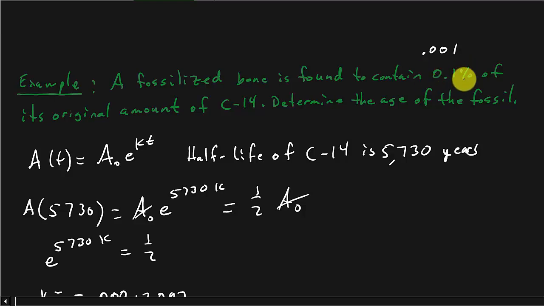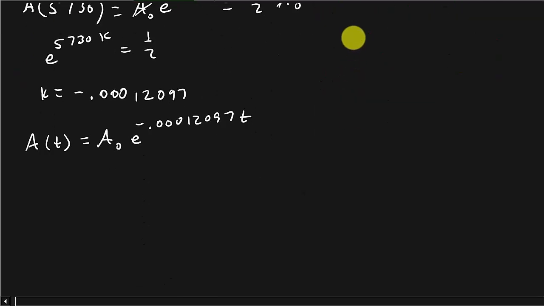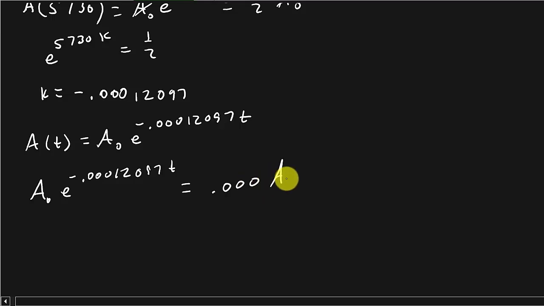So we want to know when does A naught e to the negative 0.00012097 t equal 0.001 A naught? When is it 0.1% of the original amount?